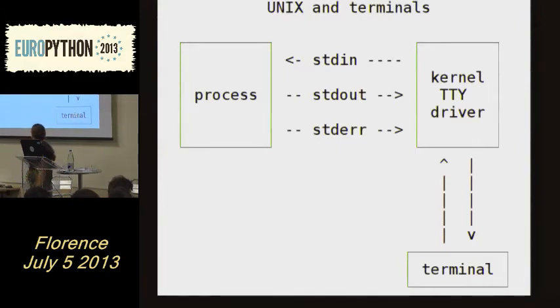And the way it works is you write something on the keyboard, it goes through the kernel, and the process gets it on a special file called standard in. The process writes something out, it goes through standard output and to the screen or printer or whatever you have there. You also have standard error, so you can redirect those independently, and something that processes the standard output wouldn't get confused by all your error messages.